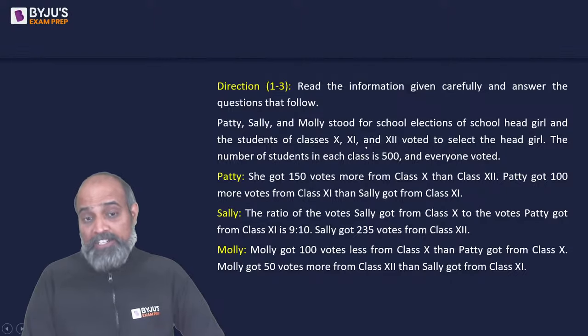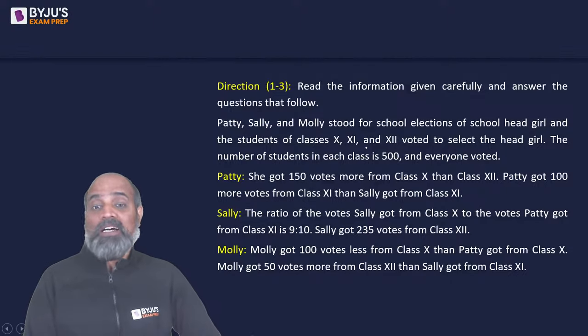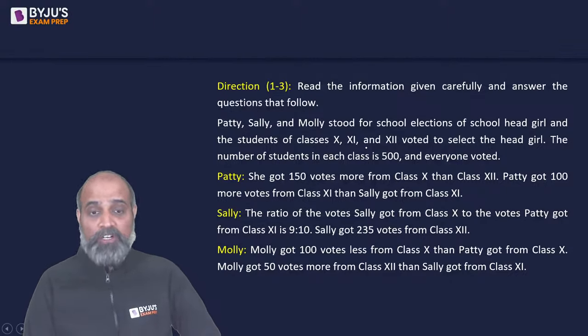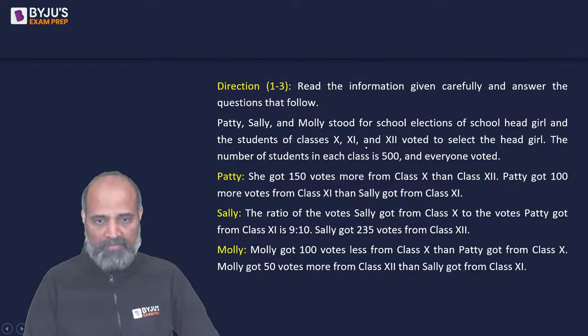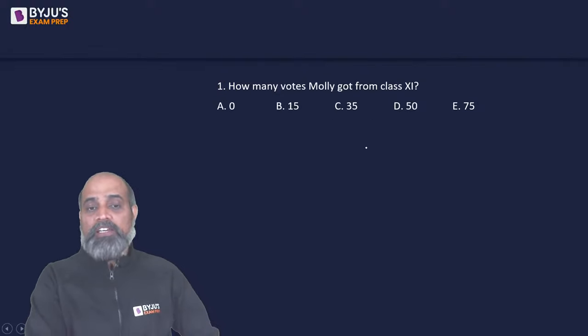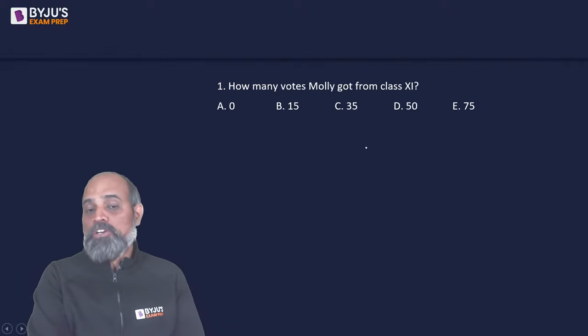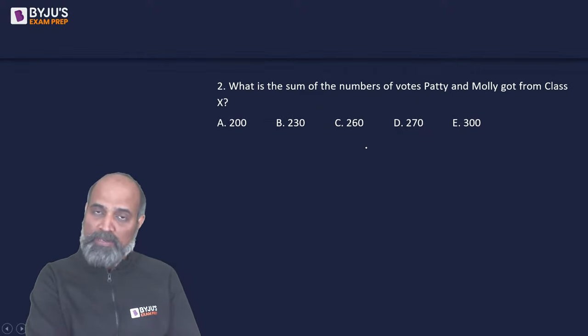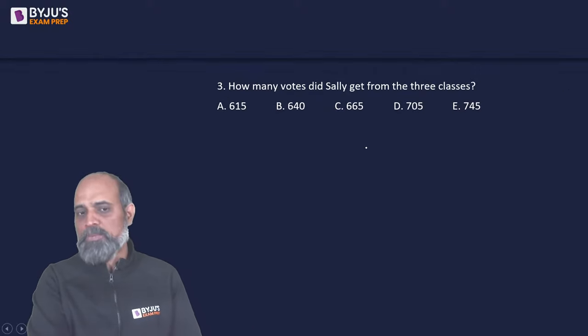When it comes to Patty, she received 150 votes more from class 10 than from class 12, and Patty got 100 more votes from class 11 than Sally got from class 11. So both are class 11. Similarly, for Sally we have, for Molly we have. The questions asked: how many votes did Molly get from class 11? What is the sum of the number of votes of Patty and something, and how many votes did Sally get?